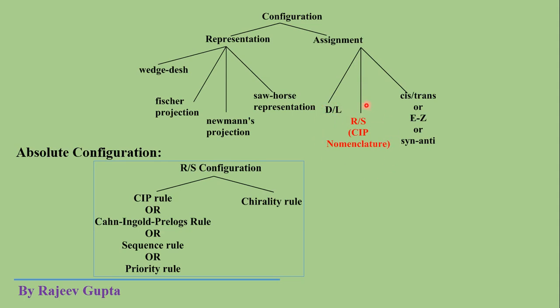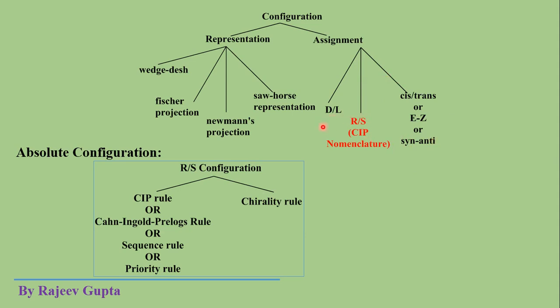Here in this lecture we will consider this RS system, where we use CIP nomenclature. And there are trans, EZ and syn, anti assignments, generally assigned to show geometrical isomerism for diastereomers.